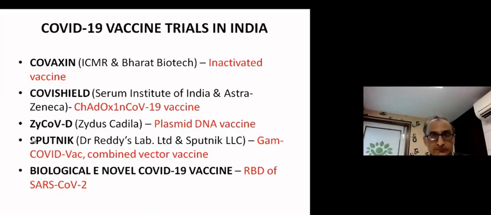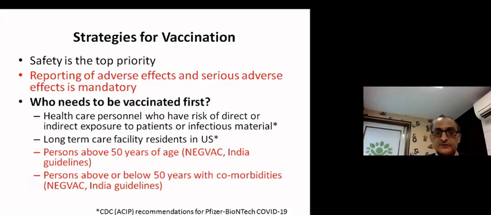I have talked about the Sputnik vaccine, the Russian vaccine, and then the Biologicals E is also going to develop a vaccine. They are also under phase 3 trials. Because Biologicals E is an Indian company, we should be seeing this vaccine in the Indian market.